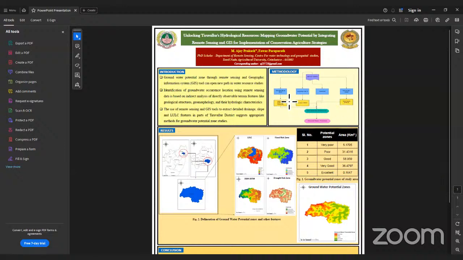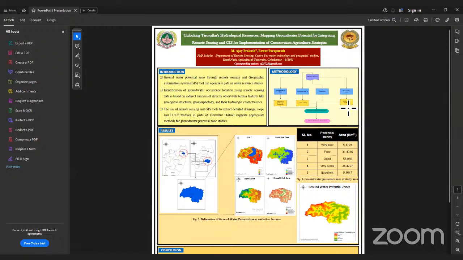From the digital elevation model, I took the surface, and from the surface, I took the slope. I also took the hydrological data, and from the hydrological data, I derived the drainage density. From Landsat 8, I calculated the land use land cover, and I also took the rainfall data and the soil data.